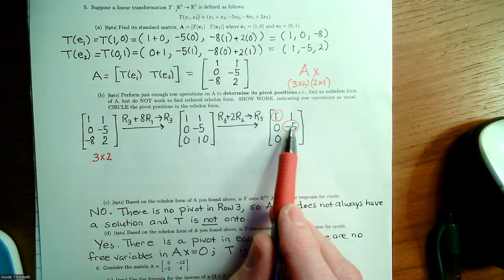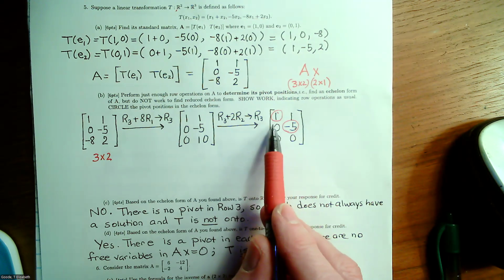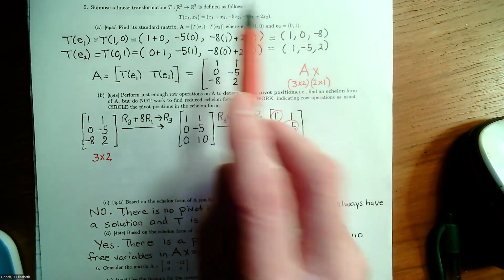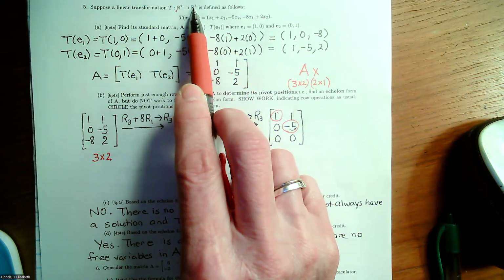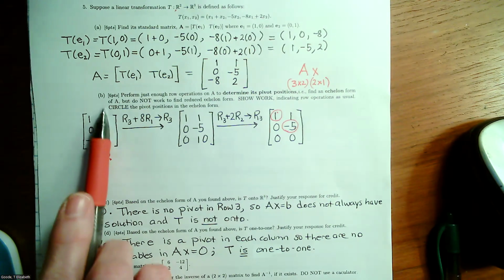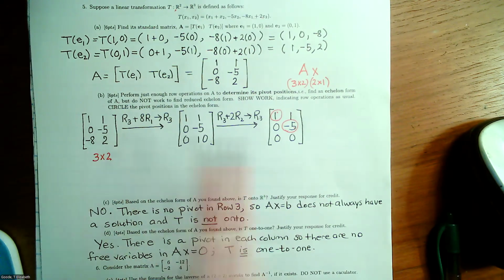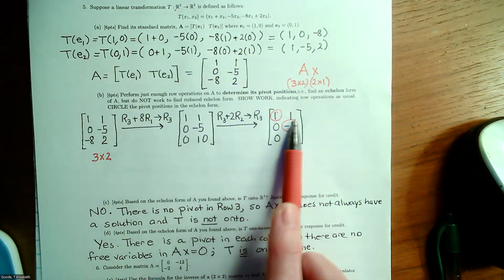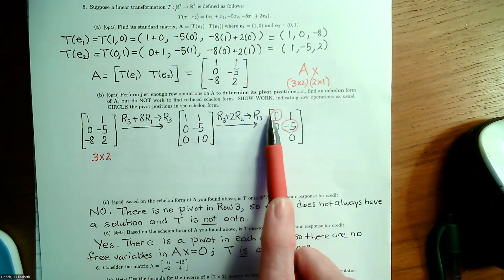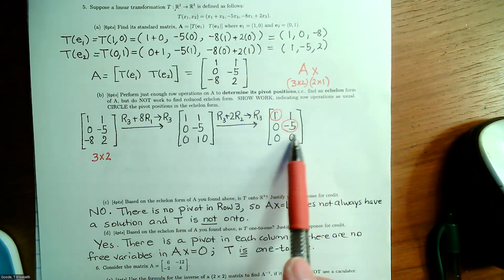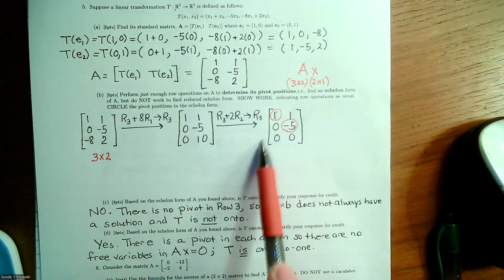Theorem 4 tells us that there are going to be some vectors B in R3 that we cannot construct using a linear combination of the columns of A. You can just look at the columns of the row reduced A and see there's an issue.